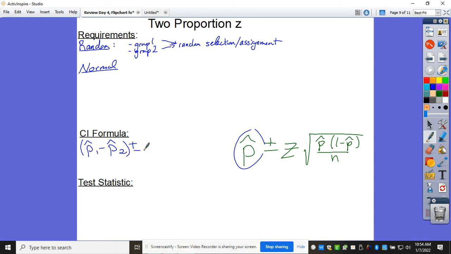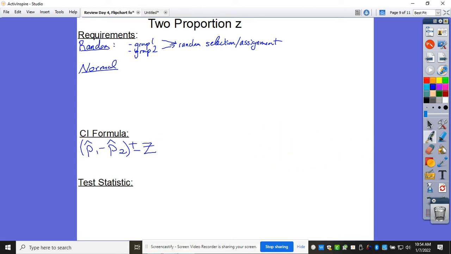Plus or minus, Z is not going to change. What about this portion? When do I pool? Only with a test, which means I make a claim that they're the same. So I do not pool with confidence interval. So this is p hat 1, 1 minus p hat 1 over n1 plus p hat 2, 1 minus p hat 2 over n2.